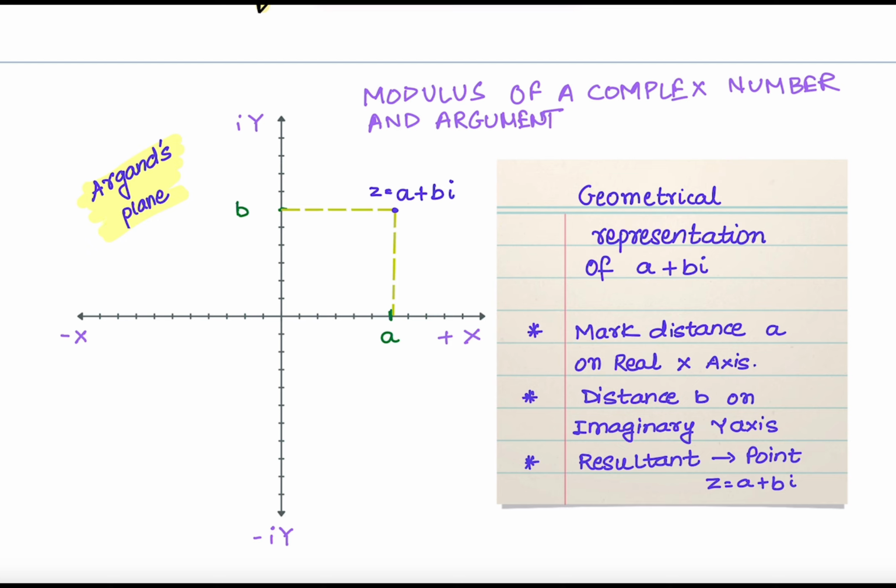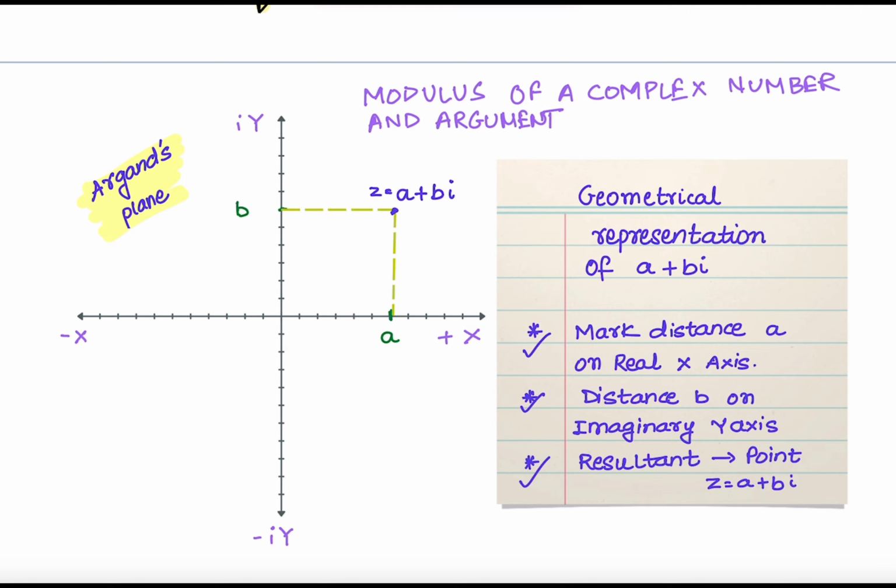And in that plane I can mark any complex number using the method that I have described here. So if I want to describe the complex number a plus bi, I must mark distance a on the real x-axis, distance b on the imaginary y-axis, and then if I take the resultant, I would always end up with the complex number a plus bi.